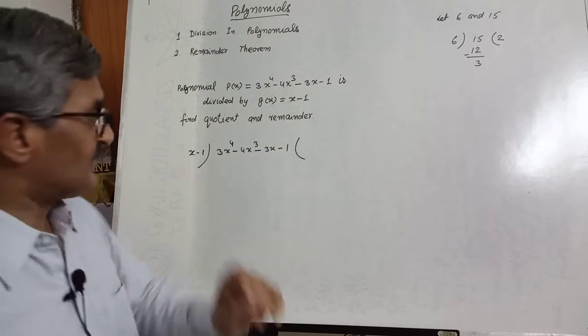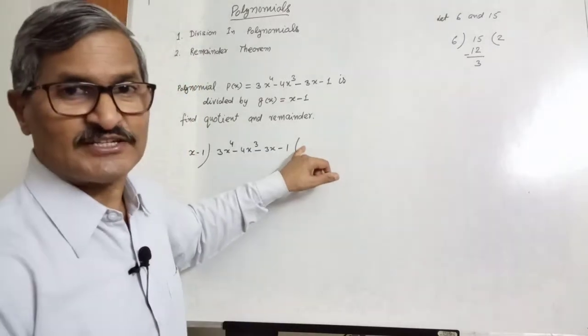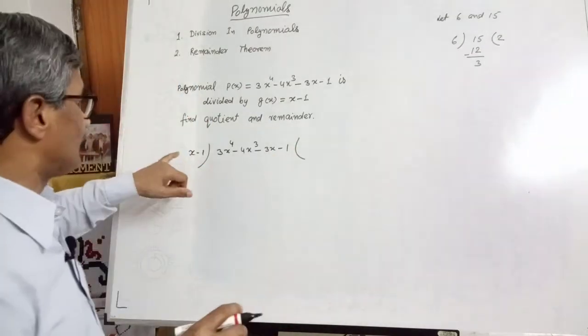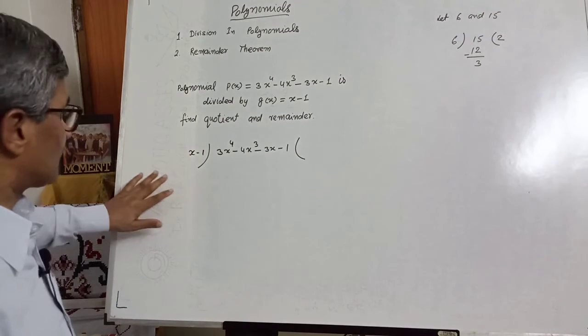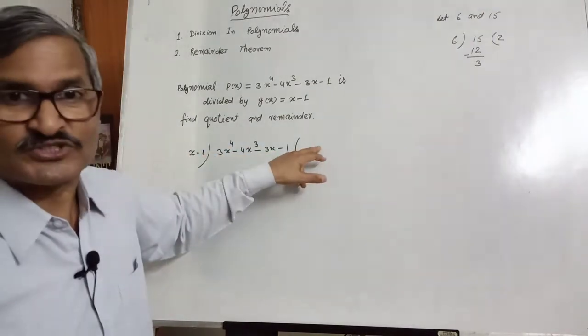But for deciding the quotient, the first term of the quotient is decided with the help of the first term of dividend and first term of divisor. In rough, you can decide what will be the first term of the quotient.